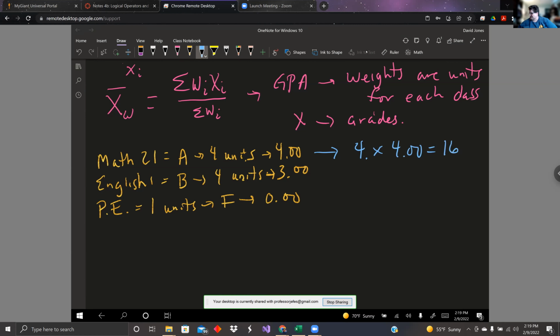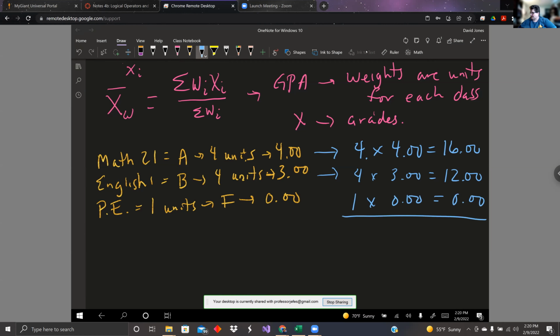This gets us 16 points. And then we do the same thing for the B. The B is 4 units times 3.0. That's 12. And we have 1 unit, but we got an F, so it's worth nothing.